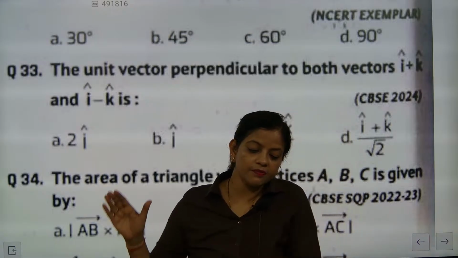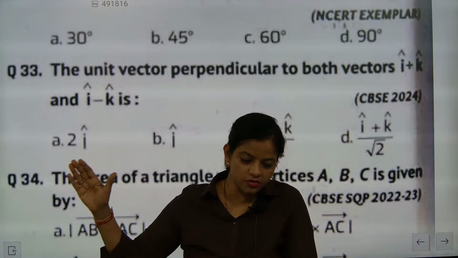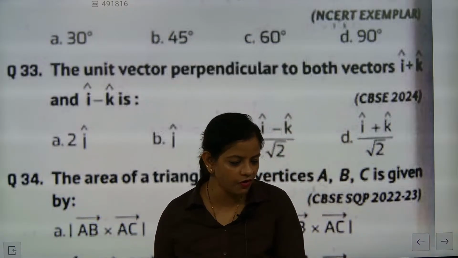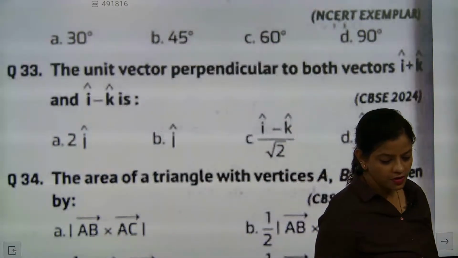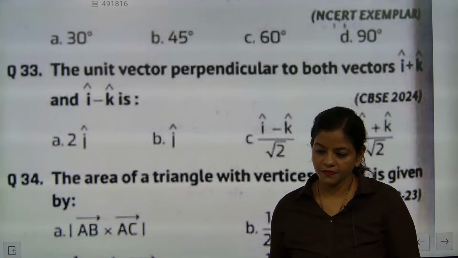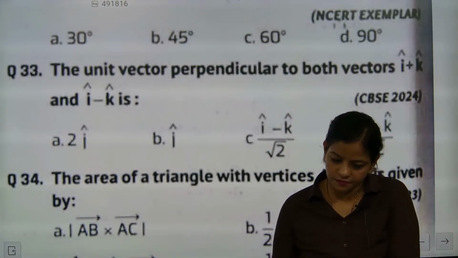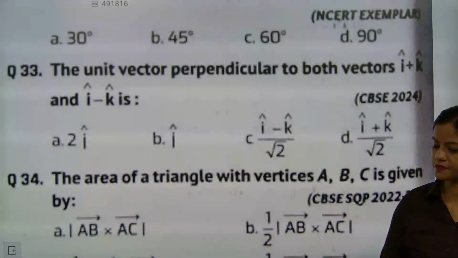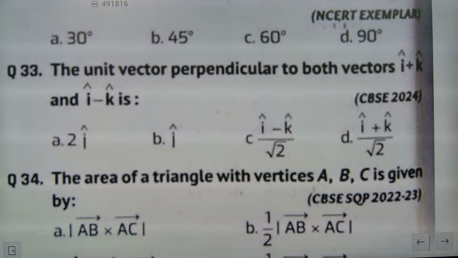The unit vector perpendicular to both this and this. Simple format question. Try. A unit vector which is perpendicular to both the vectors. Think nicely.